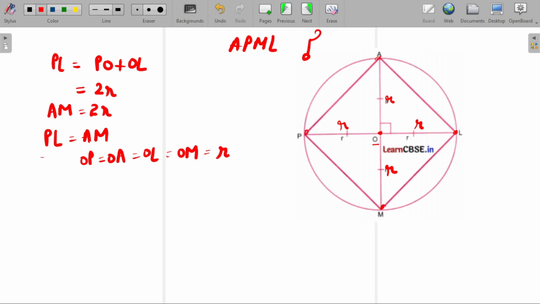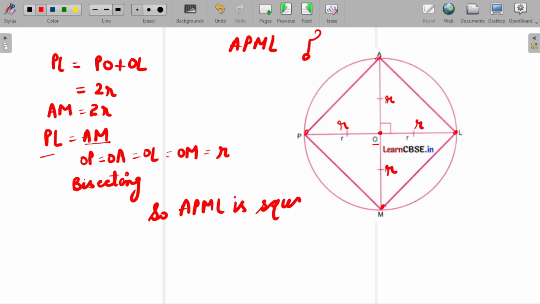PL and AM are equal also. They are bisecting each other also. So the quadrilateral is a square. Okay. So APML is a square. Moving to question number 4.